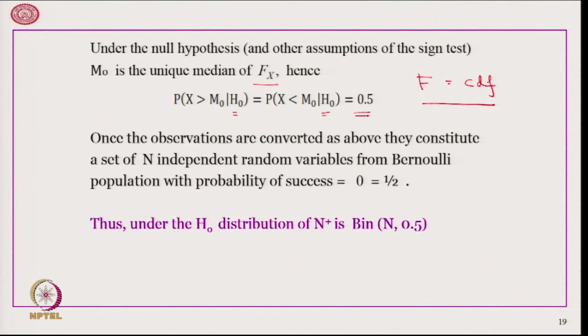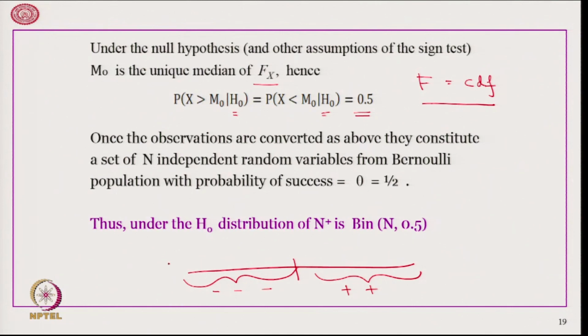That is easily understandable, because if m naught is the true median, then we would expect half of the observations to be here, greater than m naught, and the other half here, less than m naught. All these are going to give me plus signs and all these are going to give me minus signs.